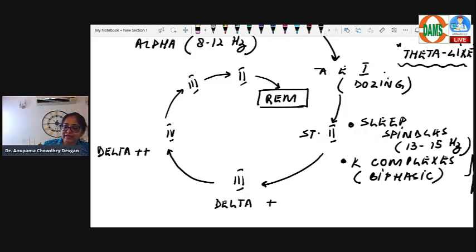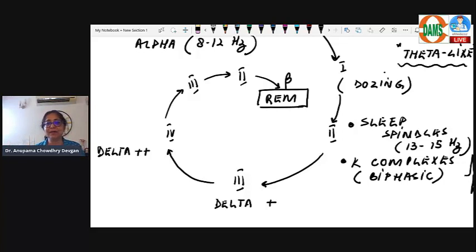Rapid eye movement sleep is also known as paradoxical sleep. Why paradoxical sleep? Because the wave that you see in REM is beta. And normally, I just told you, you see beta rhythm when you are alert and awake.